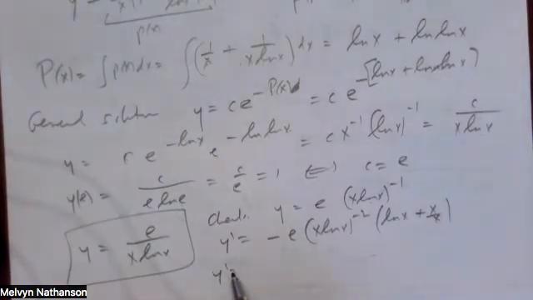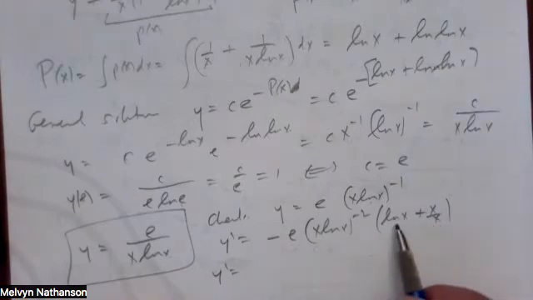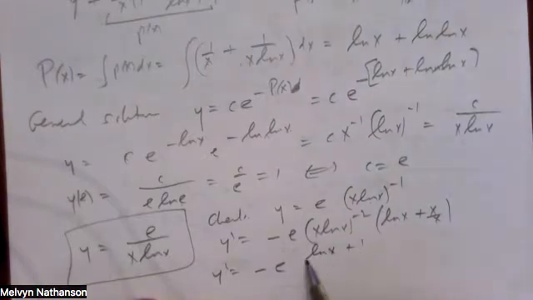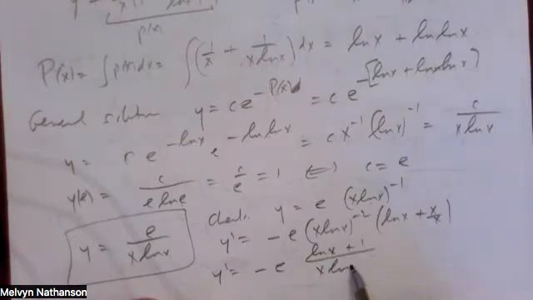So we have y prime is equal to minus e times log x plus 1 over x log x squared.